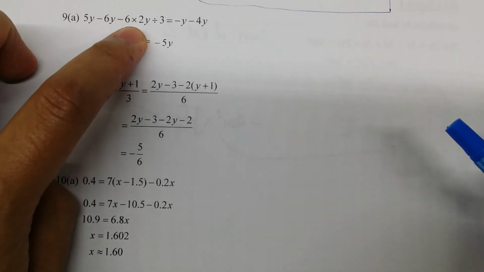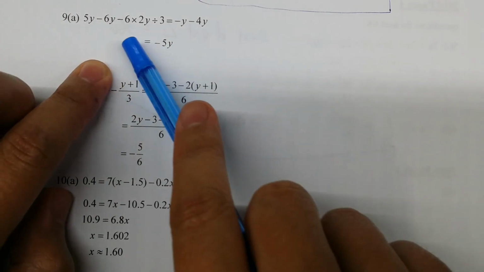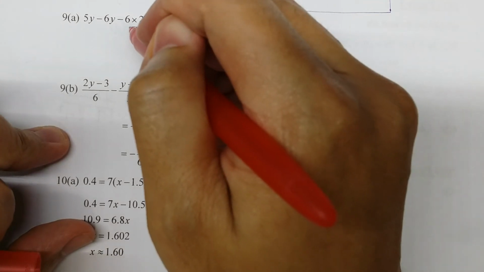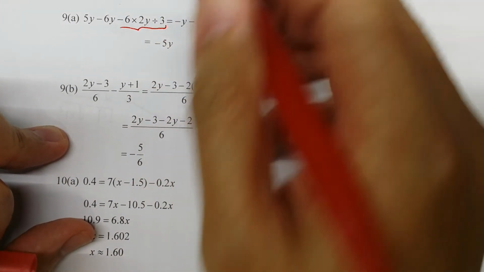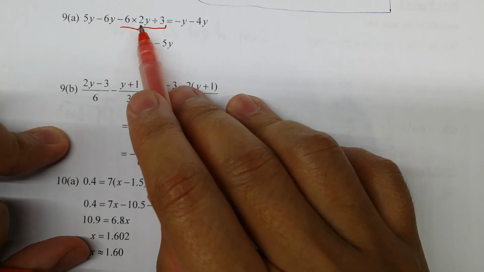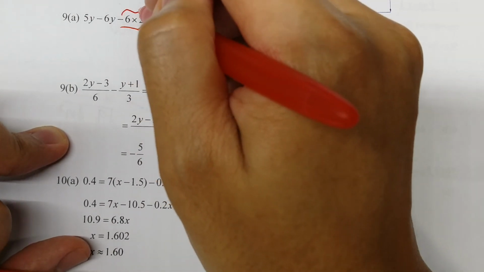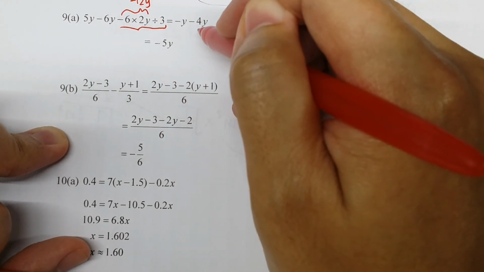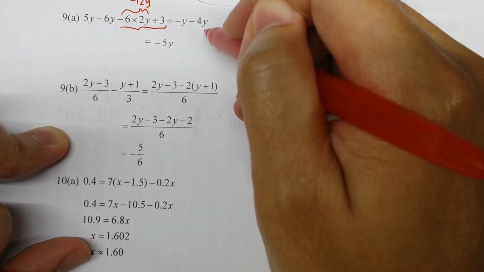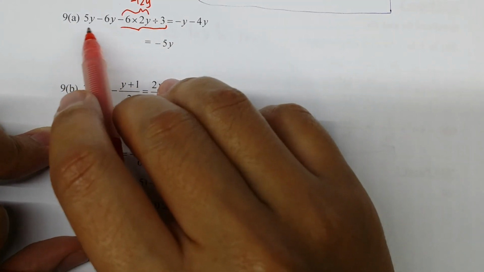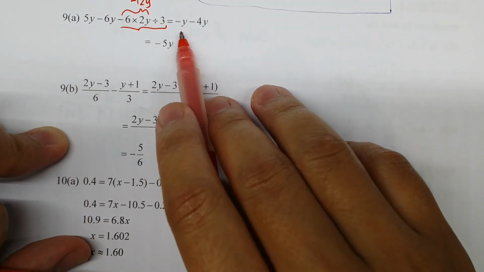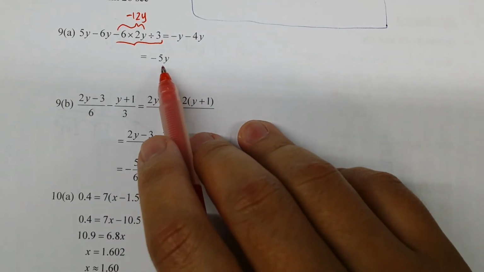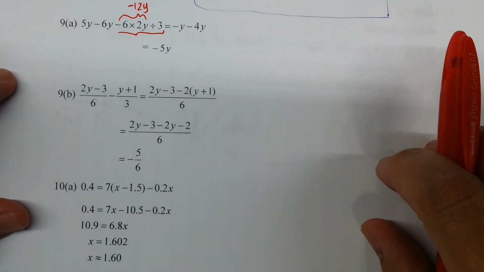That means you have to do this first. -6 times 2y is -12y. -12y divided by 3 is -4y. Correct? Then you do 5y minus 6y, which is negative y. So negative y minus 4y, you get negative 5y. Straightforward.